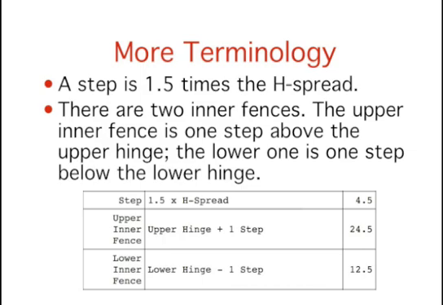Recall that the upper hinge is 20. Therefore, the upper inner fence is 20 plus 4.5, which equals 24.5. The lower hinge is 17. Therefore, the lower inner fence is 17 minus 4.5, equaling 12.5.